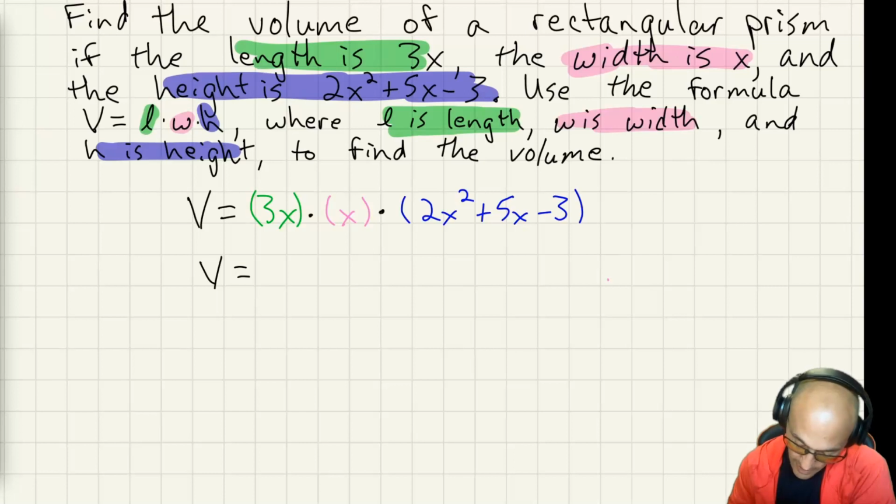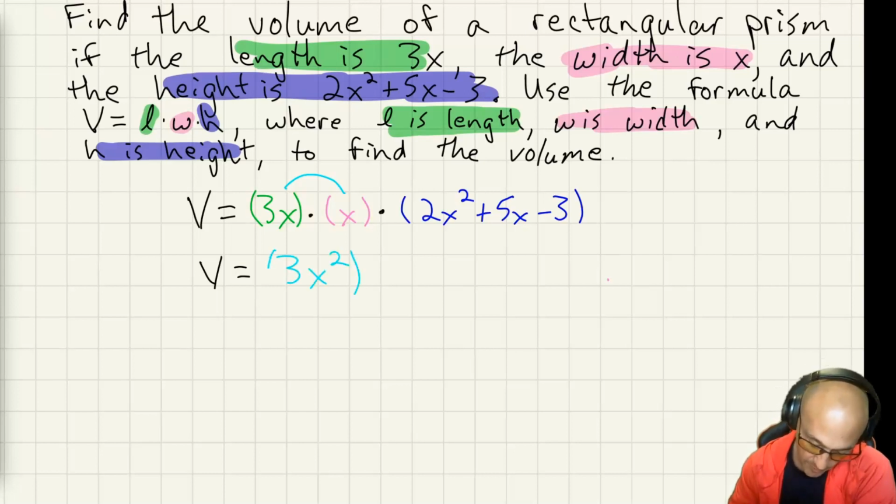3x times x is 3x squared. Again, I'm going to put that in parentheses, because if we were in a situation where we had a binomial, it would be harder. We would need to make sure everything got multiplied.